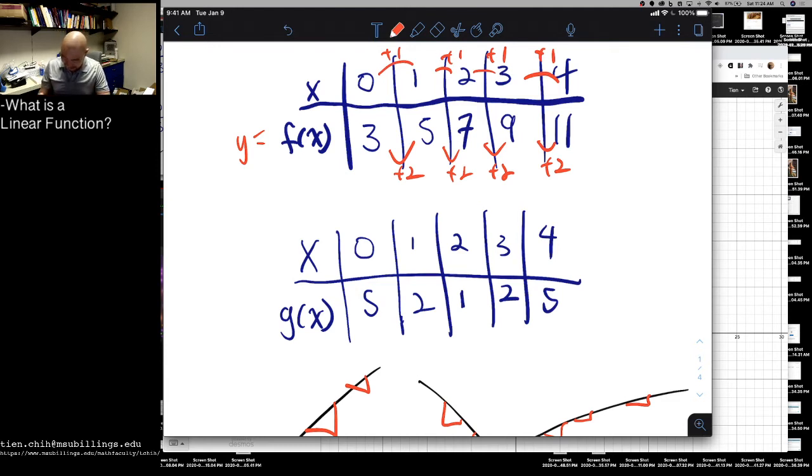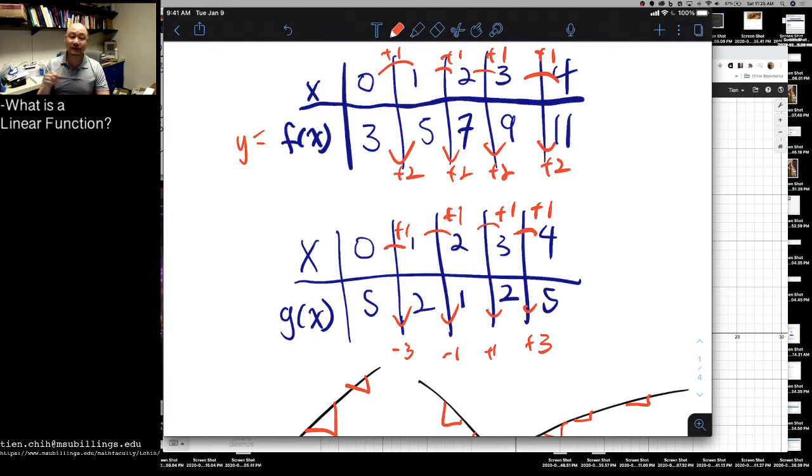But if we take a look at this second example, I still have plus ones everywhere on the top, right? Every time I go forward, my x value goes up by 1. But look at what happens to my y values. First, they decrease by 3, and then they decrease by 1, and then they go up by 1, and then they go up by 3.